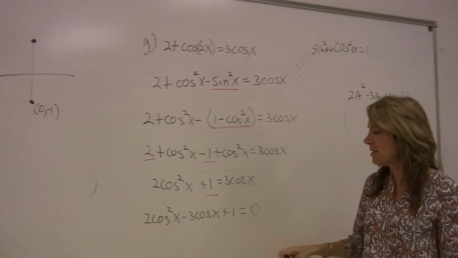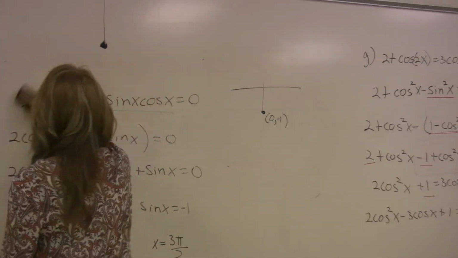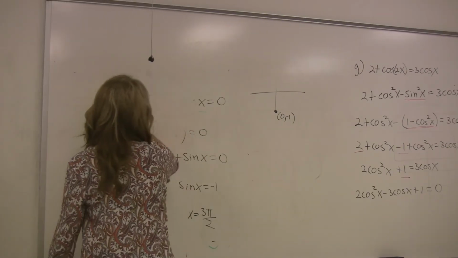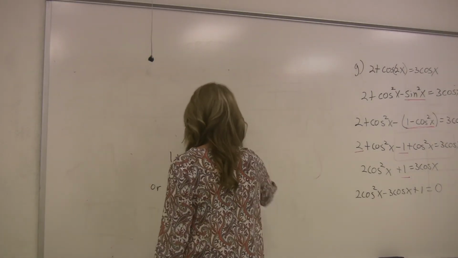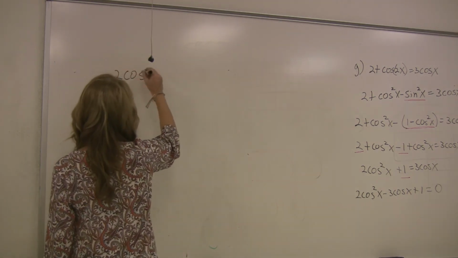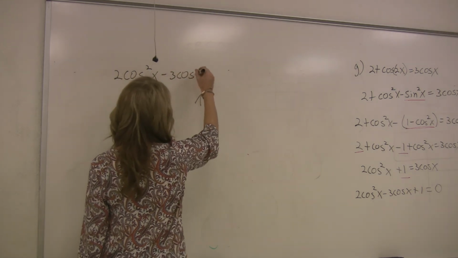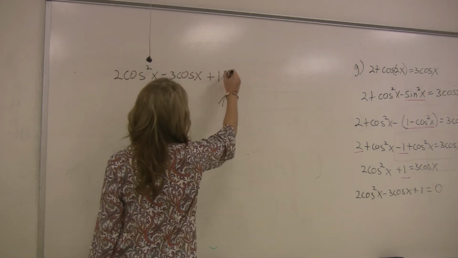So if I factor this, let me bring it up higher so you guys in the back can see it. In addition to having to remember all your trig, you have to remember all your algebra too.